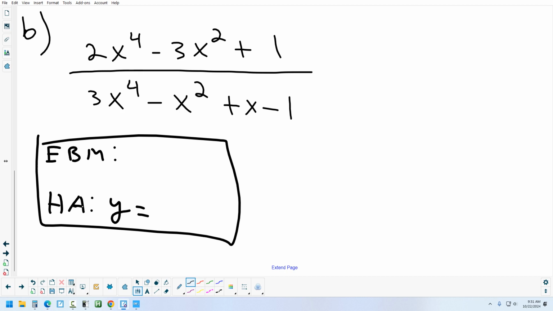What's the EBM of what's in the top? 2x to the fourth. I'm going to do it off to the side, and then I'll put the final answer in the box. What's the EBM of what's in the bottom? 3x to the 4. And when you simplify that, what do you get? 2/3. That's your EBM.